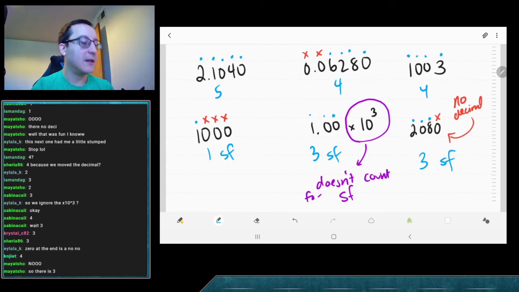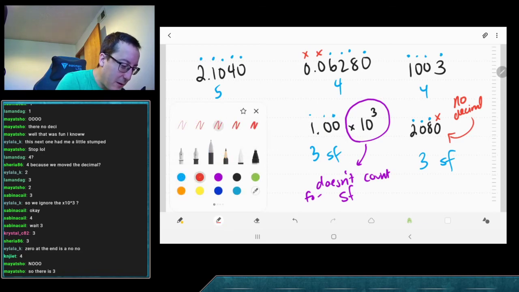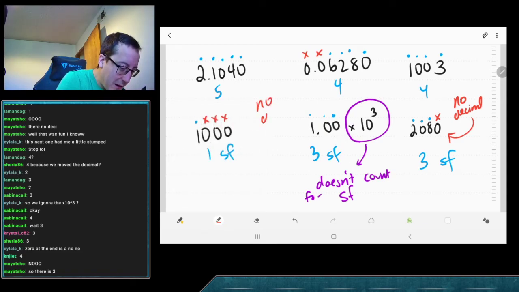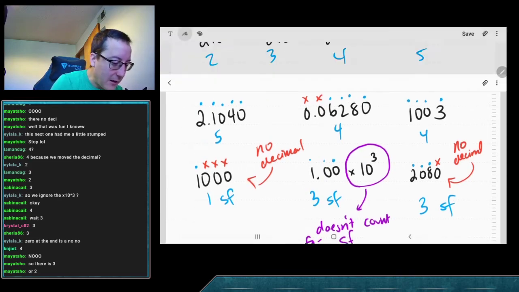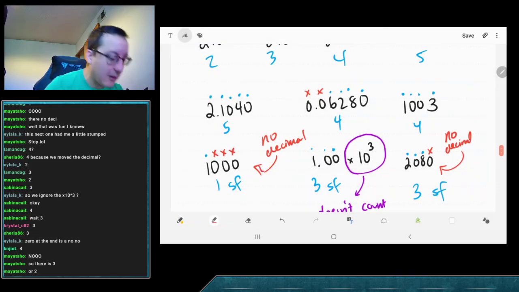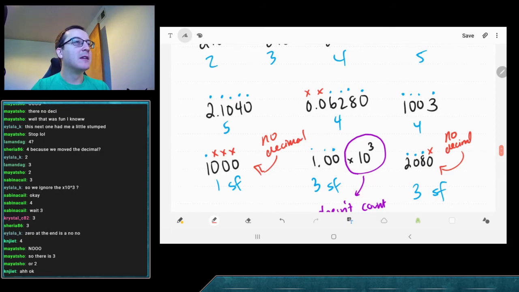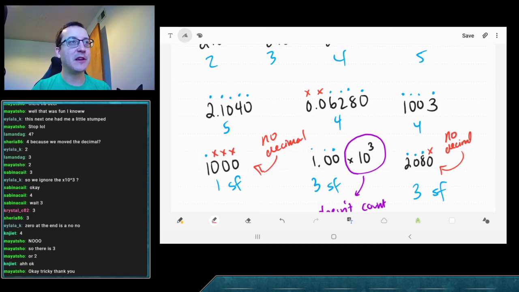Indeed. Yeah, so I'll do this one in red as well. No decimal. Oh, that's really ugly. Okay, there we go. Kind of. So if there's no decimal, you cannot count the zeros at the end. Yep. Tricky, tricky.